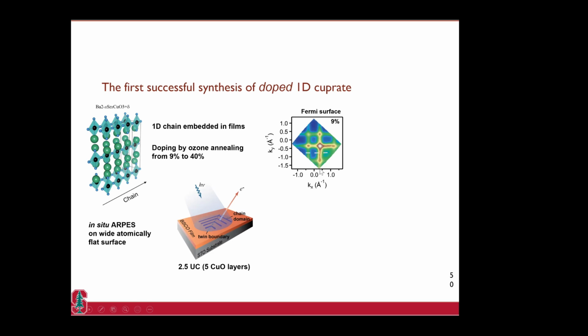One nice thing is that you can do momentum-dependent study. If you make a measurement here, for example, you are insensitive to the signals from the other domain, because that domain doesn't have signal in this region. Okay, so that's what we see.